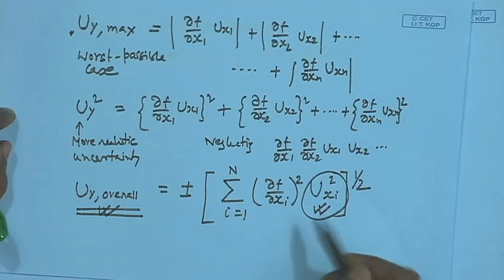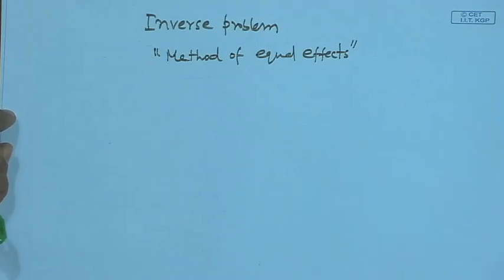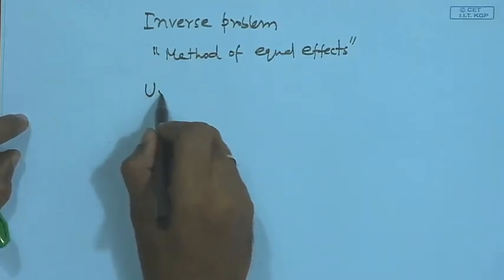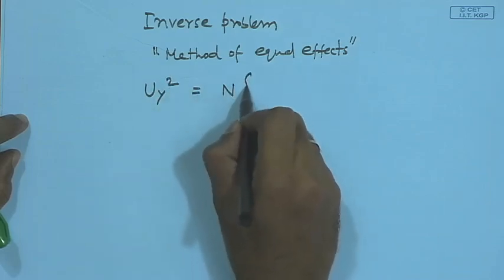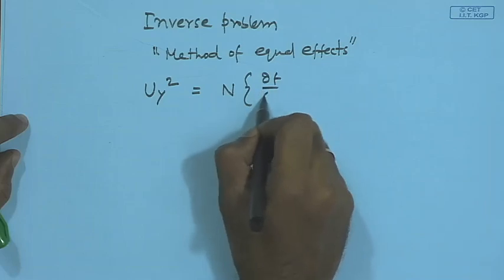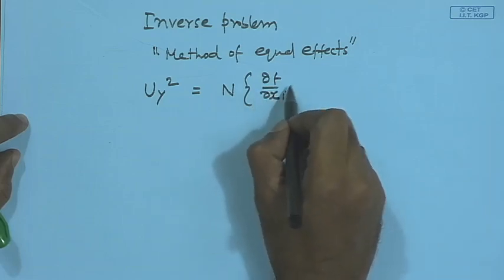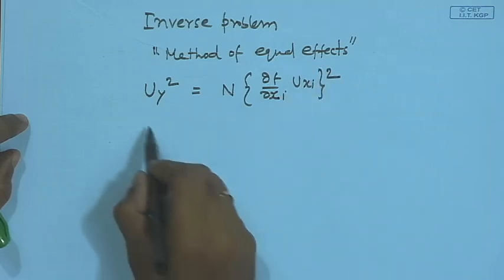So, if you look at this equation, under the assumption of the method of equal effects, we can now write this, or this.